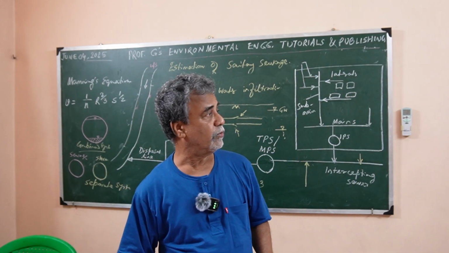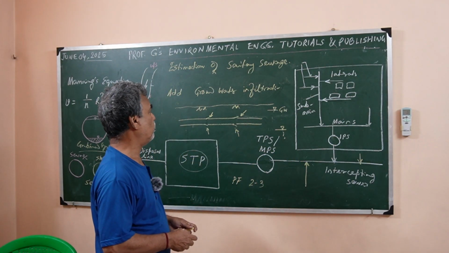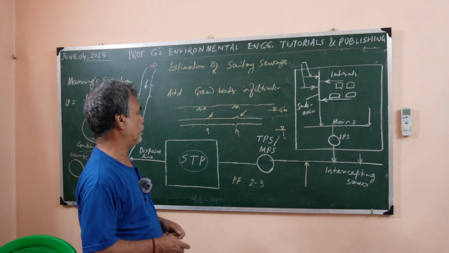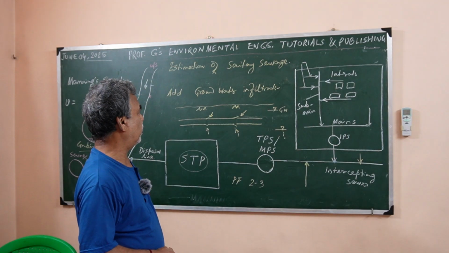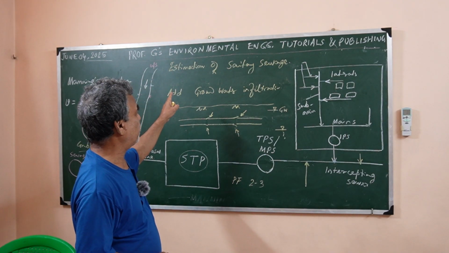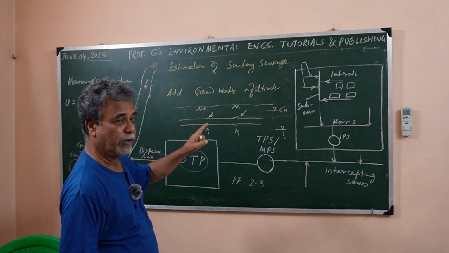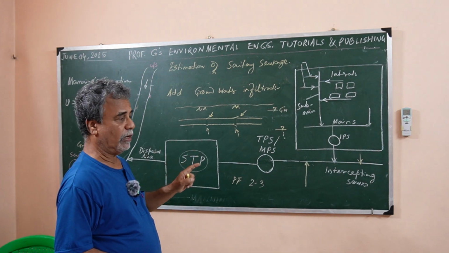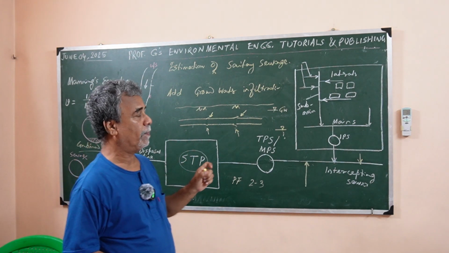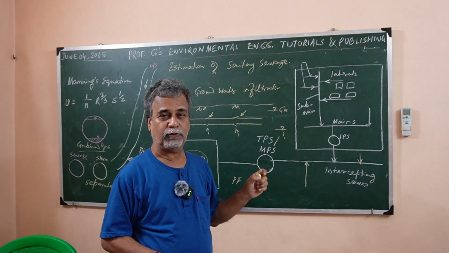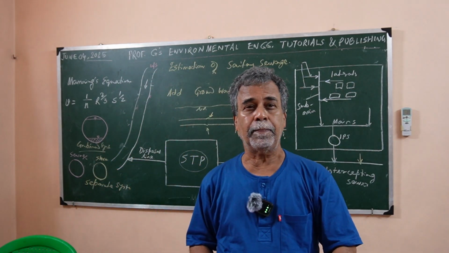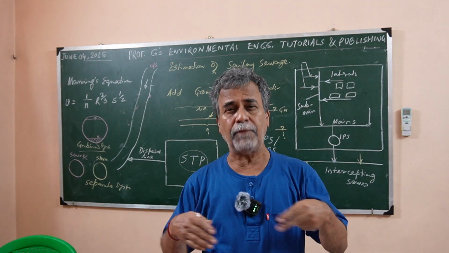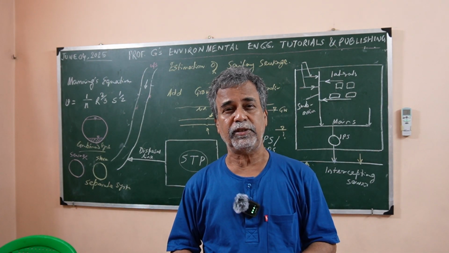And here you see that we were talking about the groundwater infiltration. We already discussed that for the estimation of sanitary sewage, what you will do first is find out the projected population, that means the population after say 30 years or so, the design period.